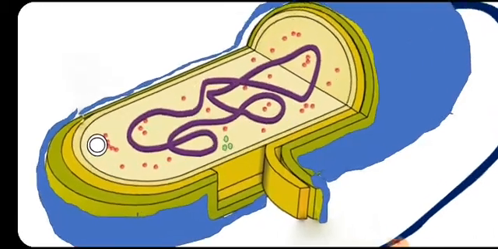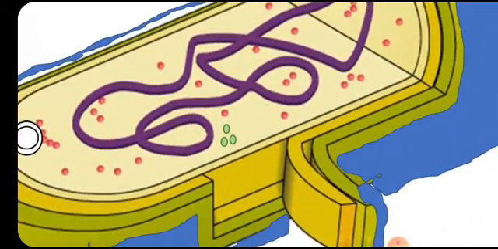Then there are several inclusions that are present in the bacterial cell. Ribosomes are present in all bacteria. Now, these are the inclusions which may be present or may not be present in bacteria. These are metachromatic granules or volutin granules.